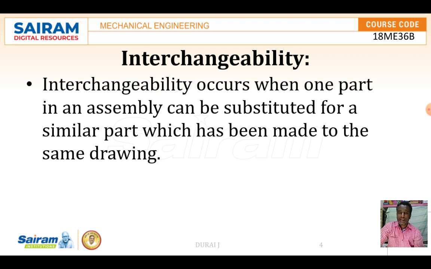That means anything can be replaced with anything else. Like in our homes, if a pipe gets damaged and stops functioning well, we can change the pipe with the help of this interchangeability principle.